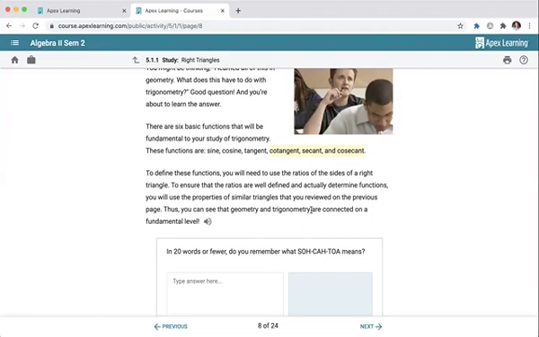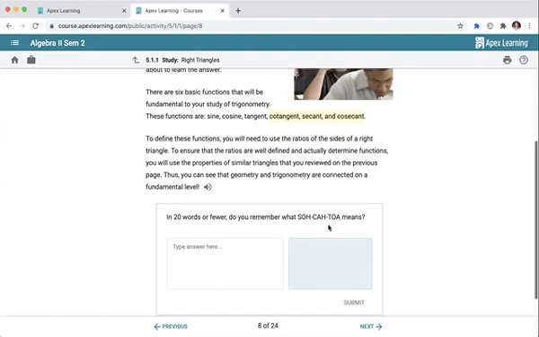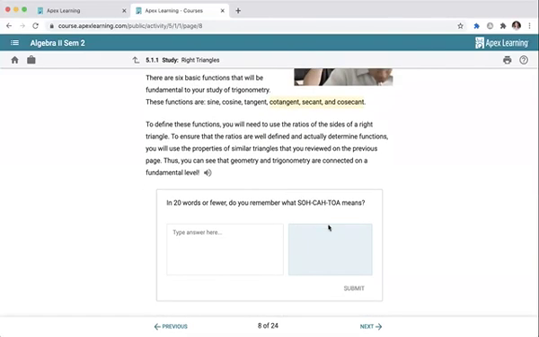Okay, and we're gonna go through this more specifically, but there's a saying that my sophomores, if you've never heard it, you need to write it down, live it, learn it, love it, because it really, really does help you understand these functions here. All right, and the phrase is SOH CAH TOA. That's what this is saying here, SOH CAH TOA. All right, and what this is saying is sine, right?